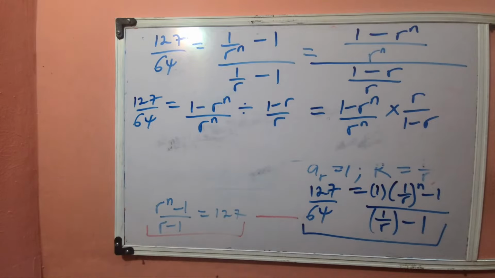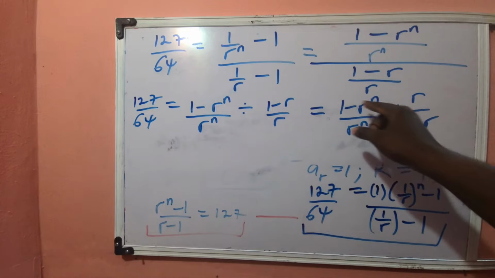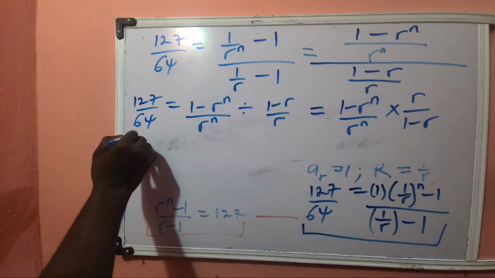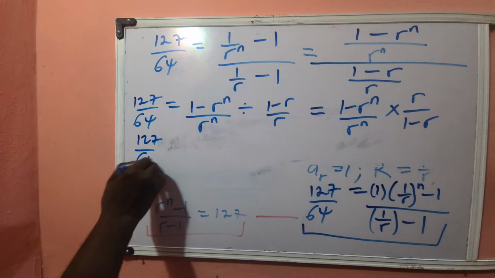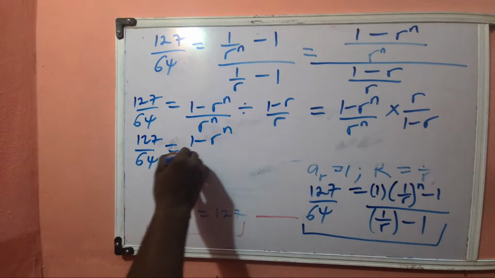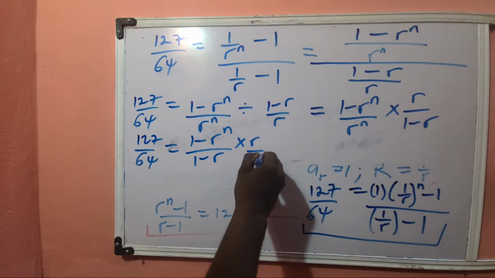So I can go on now to do something. I want to bring this, of course, this can be rearranged. Look at the way I'm going to rearrange it. I'm going to have, of course, 127 over 64 is equal to 1 minus r raised to power n over 1 minus r times r over r raised to power n.